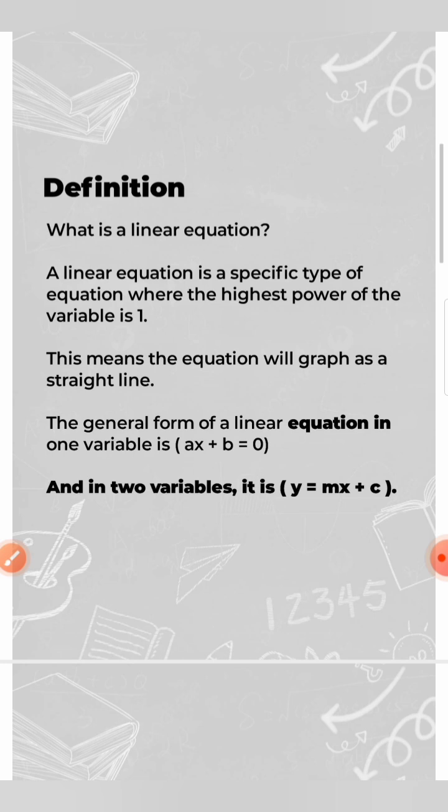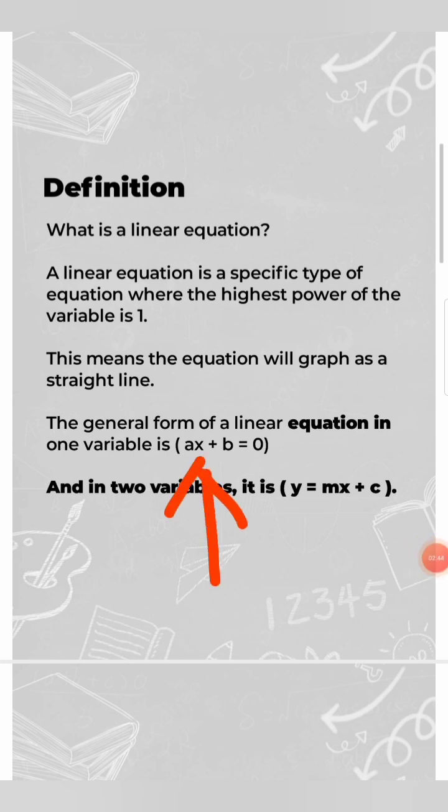So the general form of a linear equation in one variable is what we have here: ax plus b equals 0. What is the variable there? The variable there is this x.